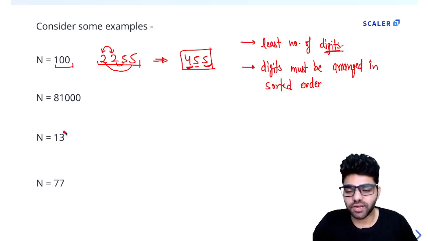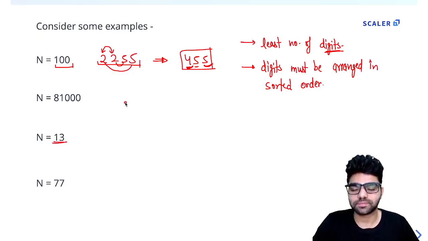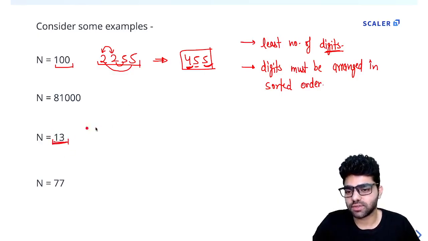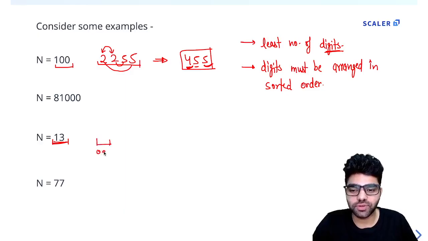Alright, let's try to find the answer for 13. For 13, do we really have any number whose product of digits is equal to 13? A digit can range simply from 0 to 9. This is the range of a digit. And in order to multiply digits such that their product is 13, we are actually looking for single digit factors of 13.